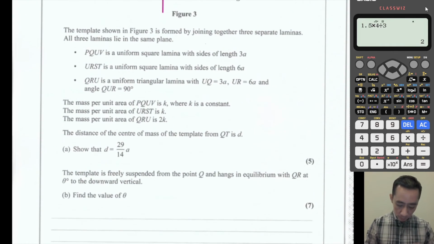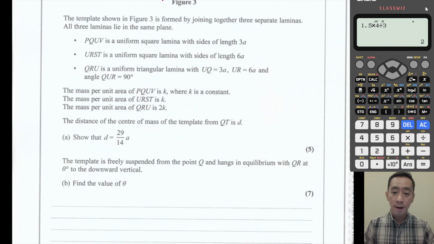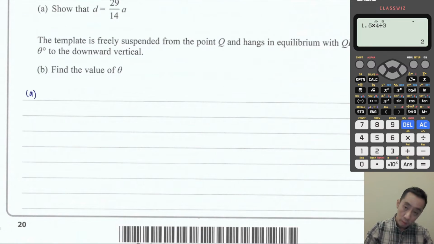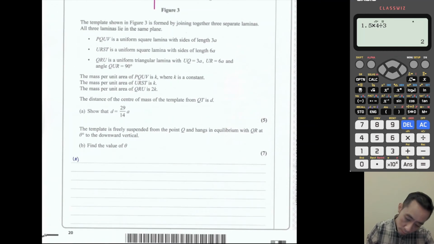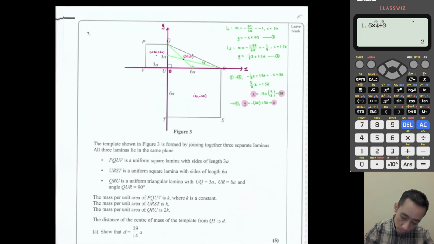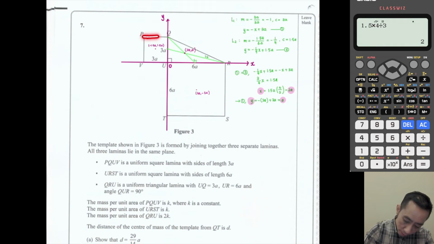Okay, so now to find the d, what I am going to do here is, for the square PQUV, what is the area for PQUV? PQUV is here.